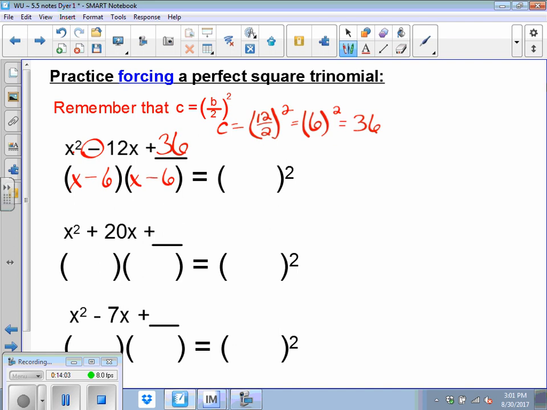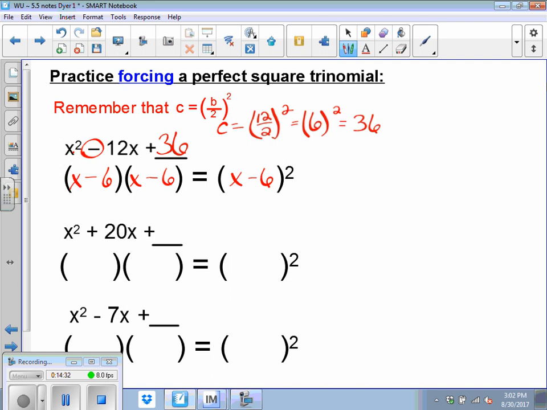Okay? We know that's right because if I redistribute everything, if I FOIL it, I'm going to get that trinomial back. Okay? That's your goal. We made this happen so that this could happen. Now what goes in here? X minus 6. Anything times itself is that squared, right?